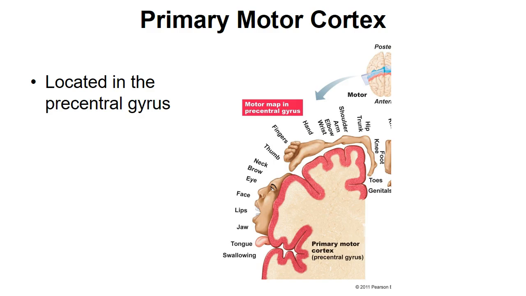And so once again, we have a homunculus that indicates how much skilled movement neuronal input we have in those different areas. Facial expressions and so forth also are fairly large.